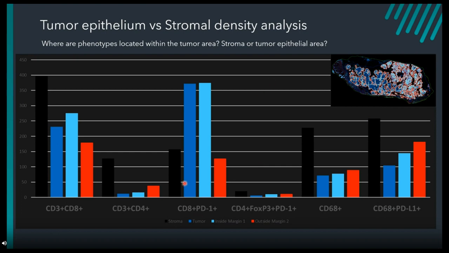Is this on the tumor, as for CD8s with PD-1 expression? And there we see that we have a clear draw between the inner invasive margin and the tumor epithelium, while the CD3, CD8s are also more distributed across these three areas. This is also similar for the CD68s that are PD-L1 positive, so they are similar in density between the two margins.